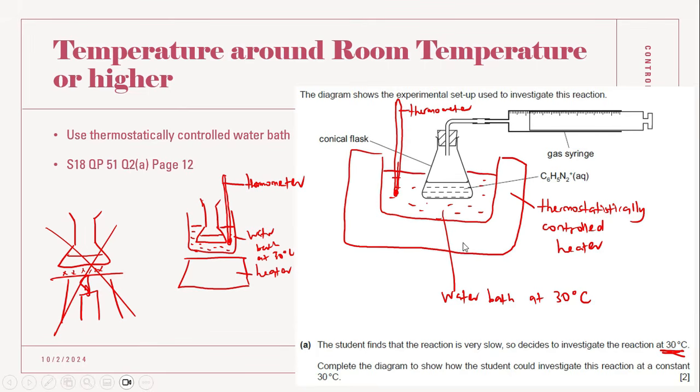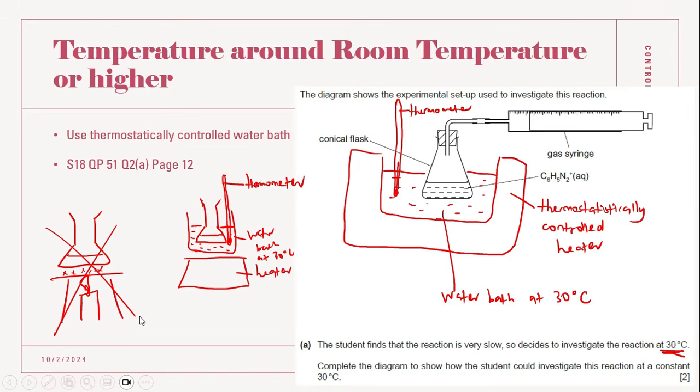So draw a box like this with water surrounding the conical flask. Label it as thermostatically controlled heater and then write the temperature of the water bath. Put a thermometer to monitor the temperature. So that will be how we maintain a temperature 25 to 80 degrees Celsius.